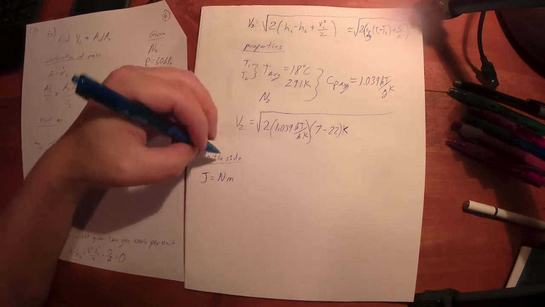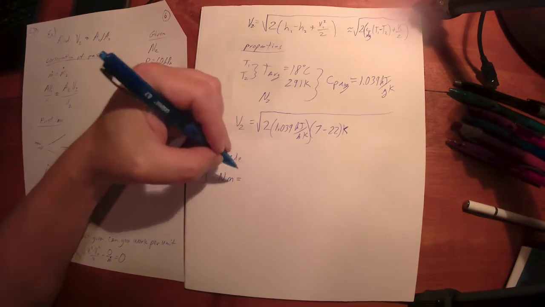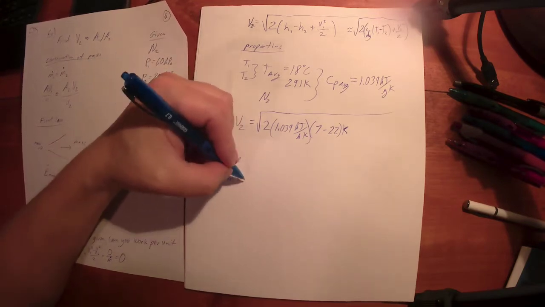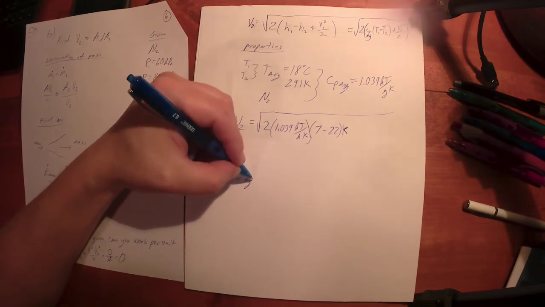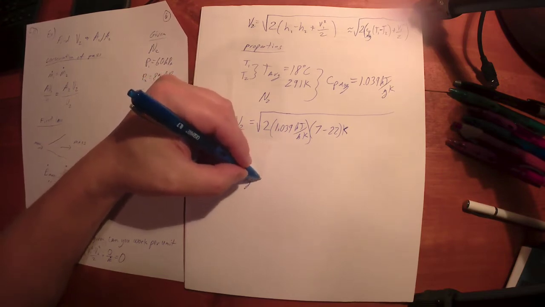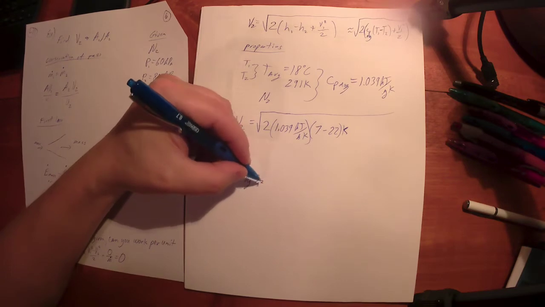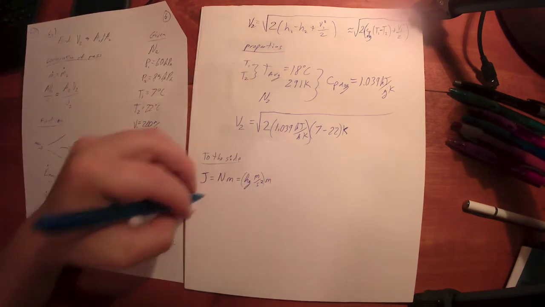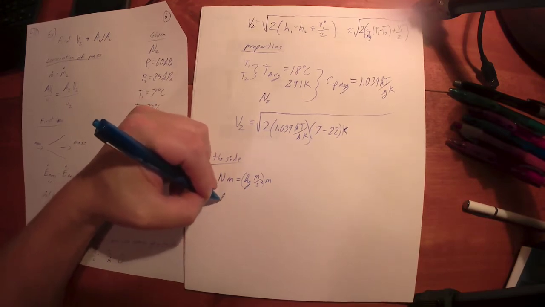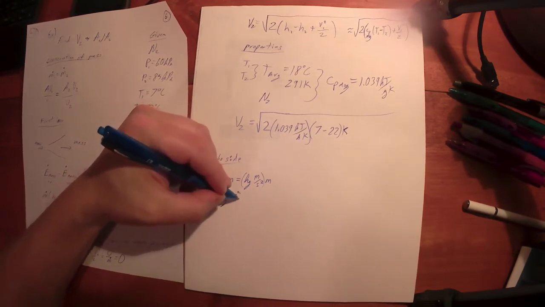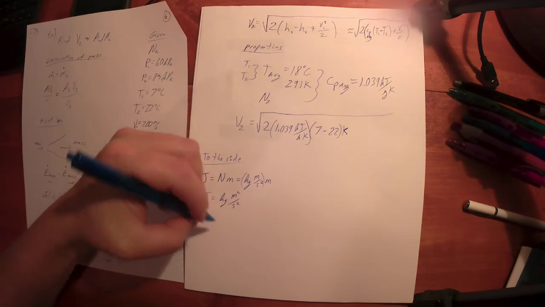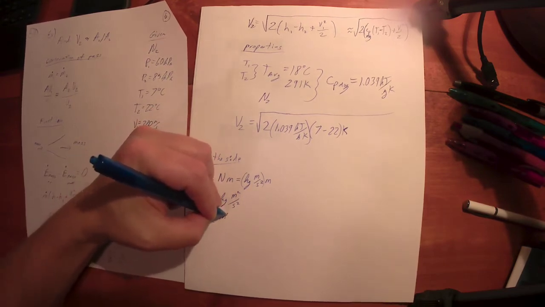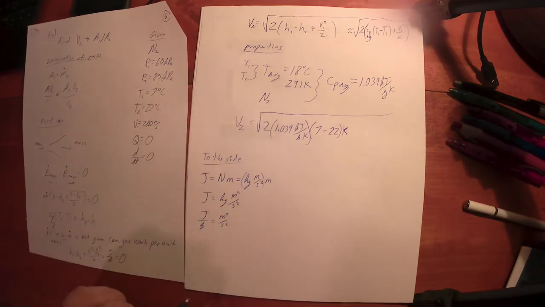So a joule breaks down into a Newton meter. What does a Newton break down into? Well, this is force. Force is mass times acceleration. So this is kilogram meter per second squared. That's a Newton times a meter. So notice that a joule is a kilogram meter squared per second squared, or a joule per kilogram is a meter squared per second squared.